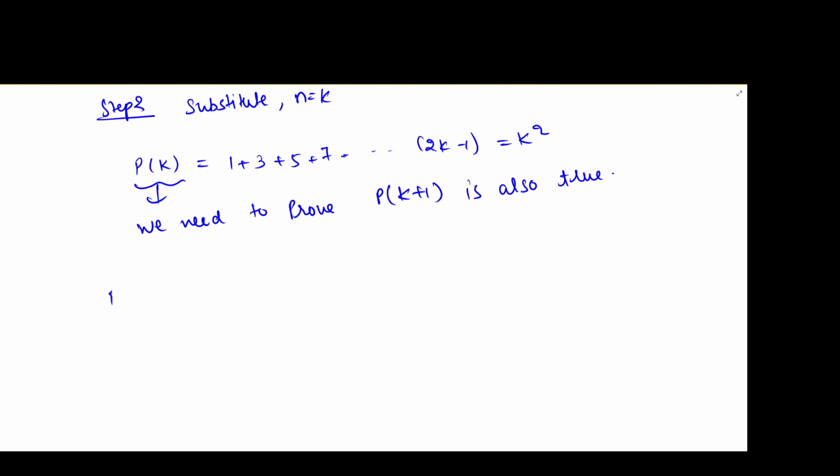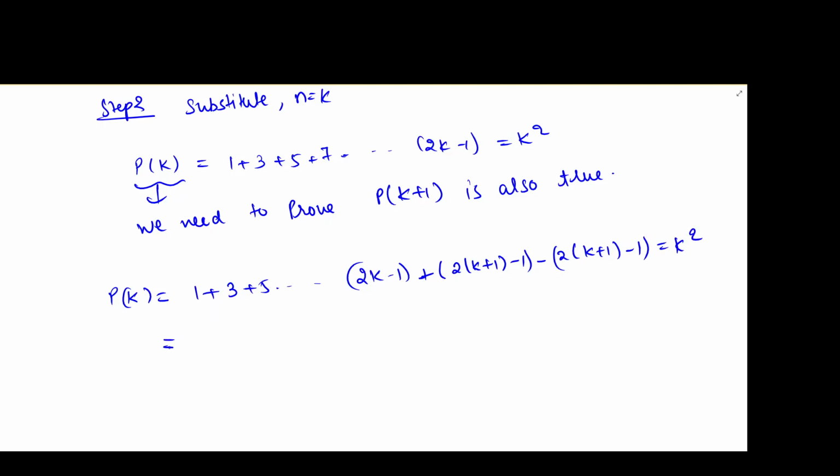Let's take Pk: 1 plus 3 plus 5 up to 2k minus 1 is equal to k square, and add 2k plus 1 to both sides.